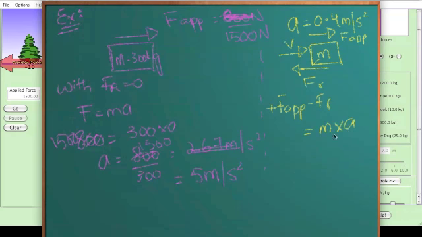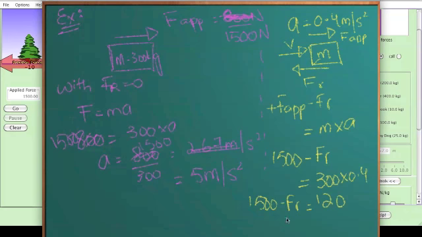F net equals MA. Now, applied force was 1500, and we don't know the friction as yet, but we know the acceleration, which was 0.4. So this becomes 1500 minus Fr equals 300 times 0.4, which is 120.